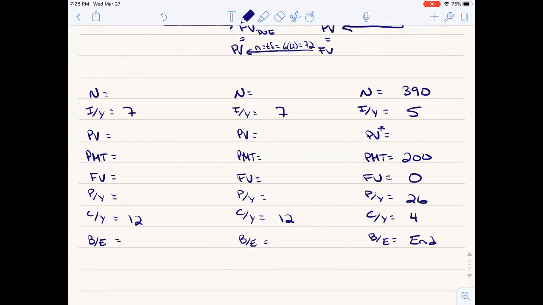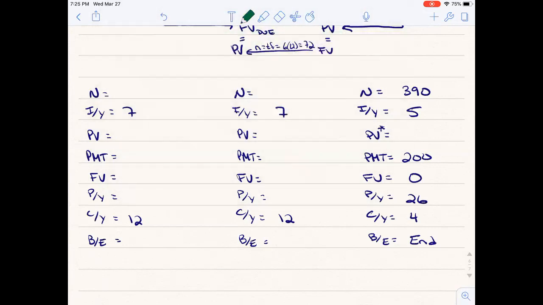So I'm going to fill in these values on my calculator and find that present value. I've got 390 for N, 5 for the interest per year, 200 positive for my payments, 0 for my future value, 26 enter payments per year, 4 enter compoundings per year, and make sure I'm in the end mode, and then compute present value.